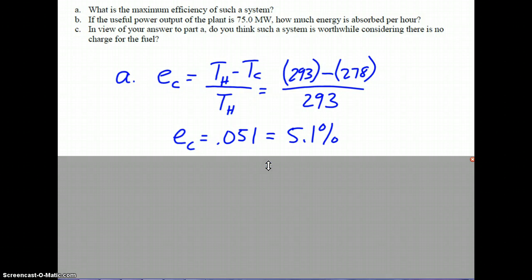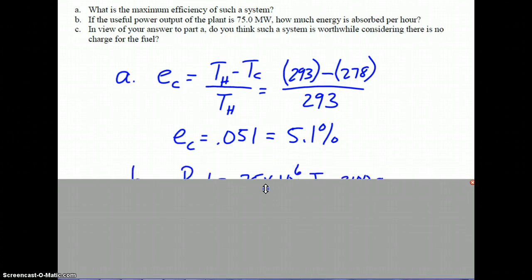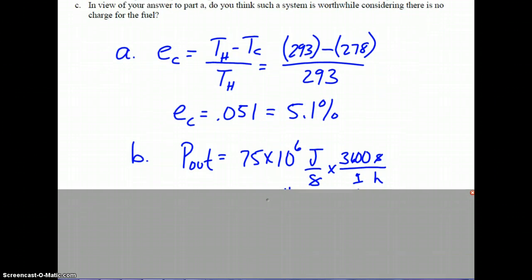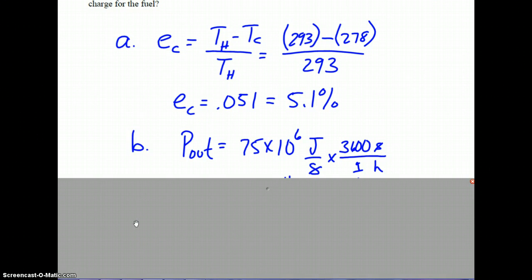B, if the useful power output, so again, the power is 75 megawatts, and you know that that's tied to the work done, how much energy is absorbed per hour? All right. Now, first thing we're going to do here is take your power output of 75 times 10 to the 6th, you have to use the 10 to the 6th for mega.